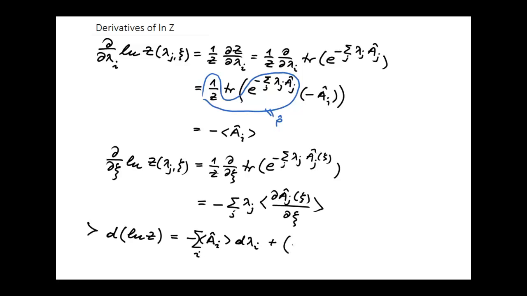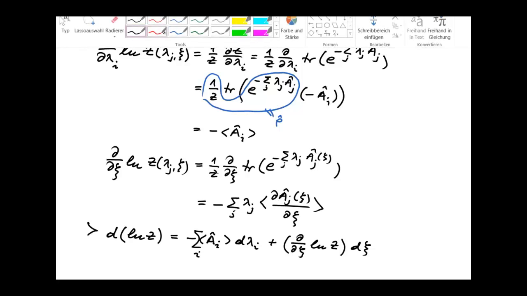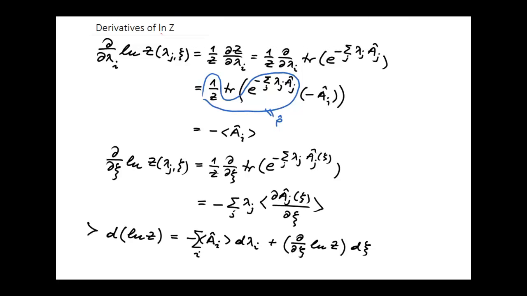And to avoid this more complicated expression, I just write it like this, d psi. So again, just as in the case of the entropy, you recognize that here the lambdas and the psi are the natural variables, in this case of log z.